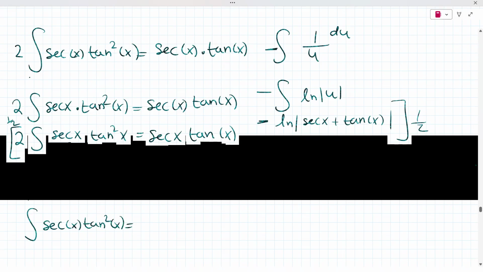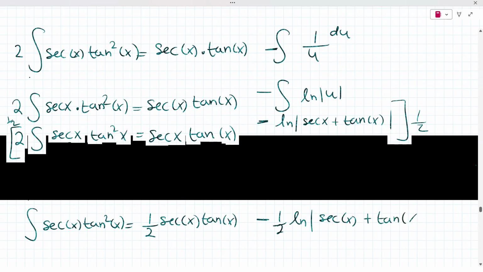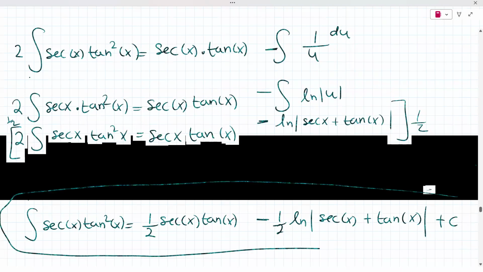And then when you multiply the right side by 1/2, this is going to be 1/2 secant of x tan of x, minus, so you're multiplying both sides by 1/2, 1/2 ln of secant of x. Okay, and that is your final answer.